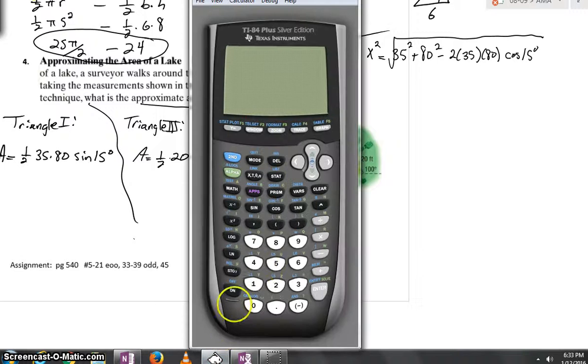And we'll get that calculator out and type in the square root of 35 squared plus 80 squared minus 2 times 35 times 80 times the cosine of 15 degrees. And the wonderful thing is, right now we've taken the square root. We have that side X is about 47.1, and we can even store that in for X to use later.